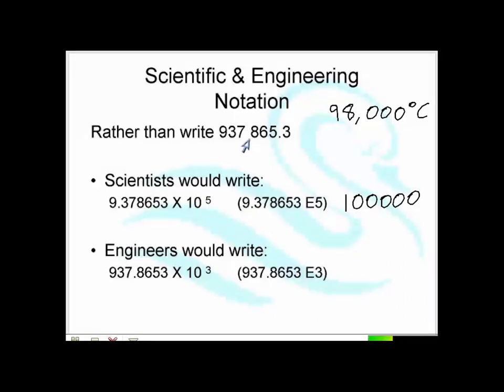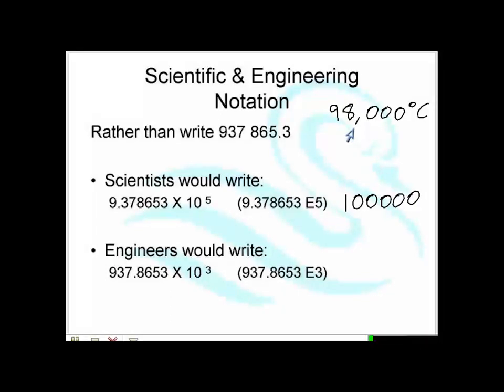Only accountants use a comma to separate money. We don't use a comma to separate our numbers because we wouldn't be able to tell the difference between 98.000 degrees C and 98,000 degrees C. And if you're building the control system for a nuclear reactor, that makes a lot of difference.